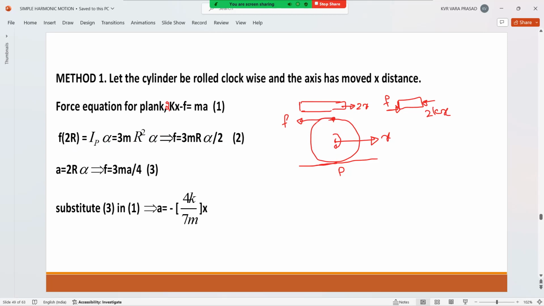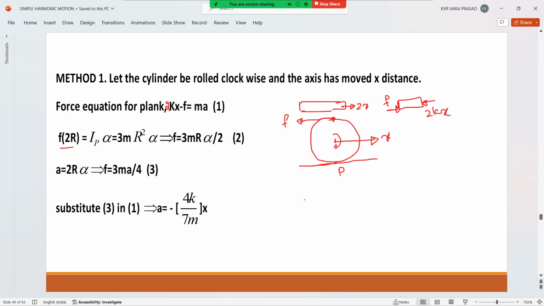So the equation is f into 2R, because the distance from point P is 2R, equal to the moment of inertia about point P into alpha. See what the I value is.